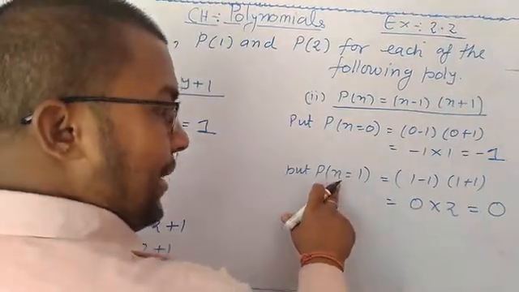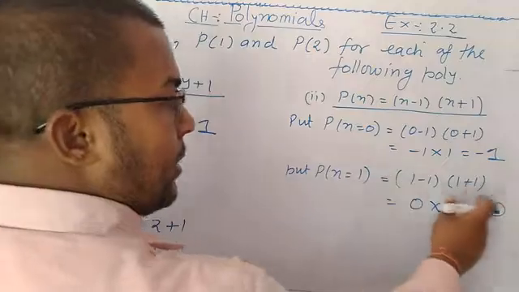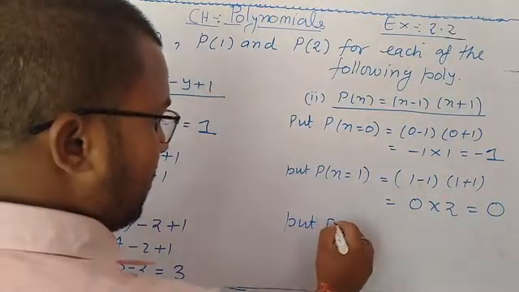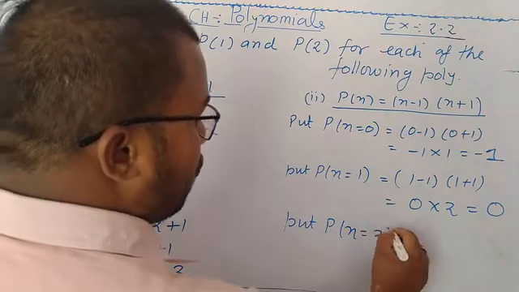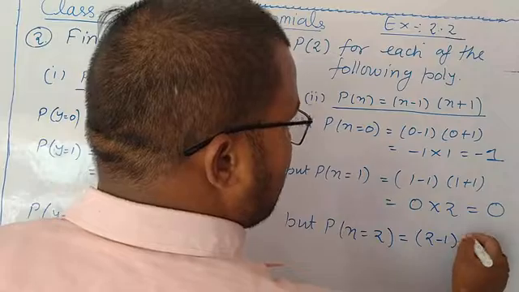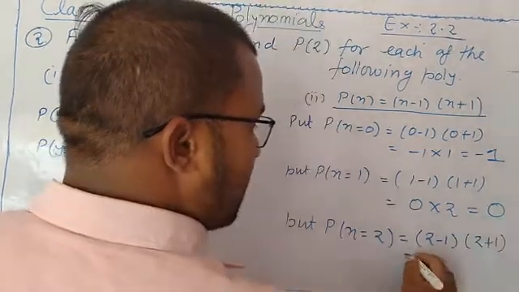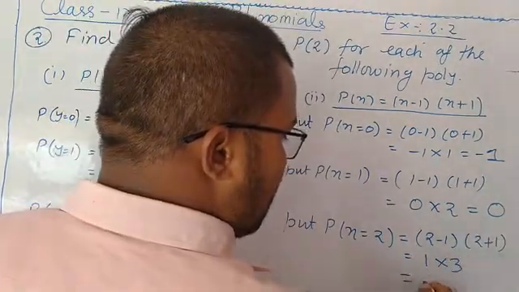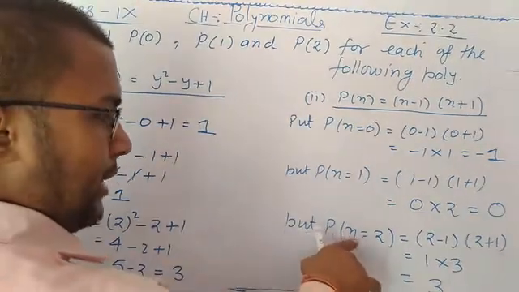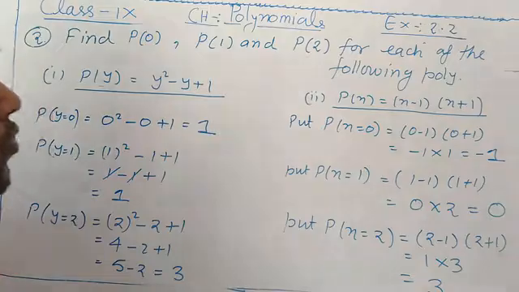The value of p(1) is 0. Next, put x is equal to 2: 2 minus 1, 2 plus 1. 1 into 3 is equal to 3. The value of the polynomial at x is equal to 2 is 3.